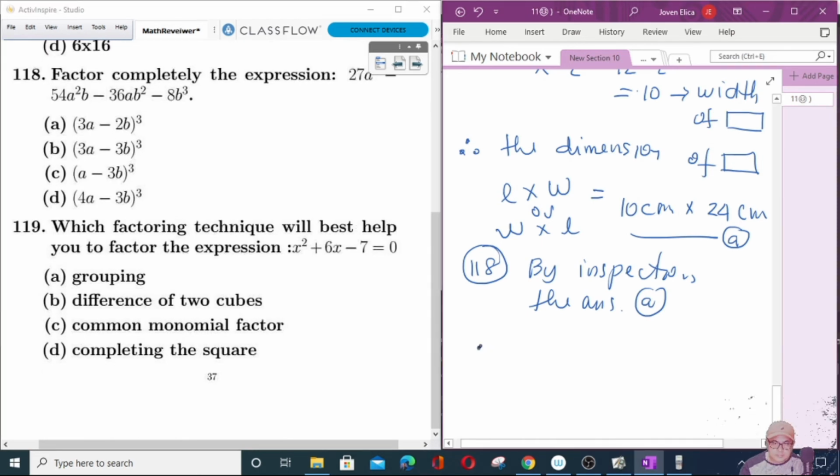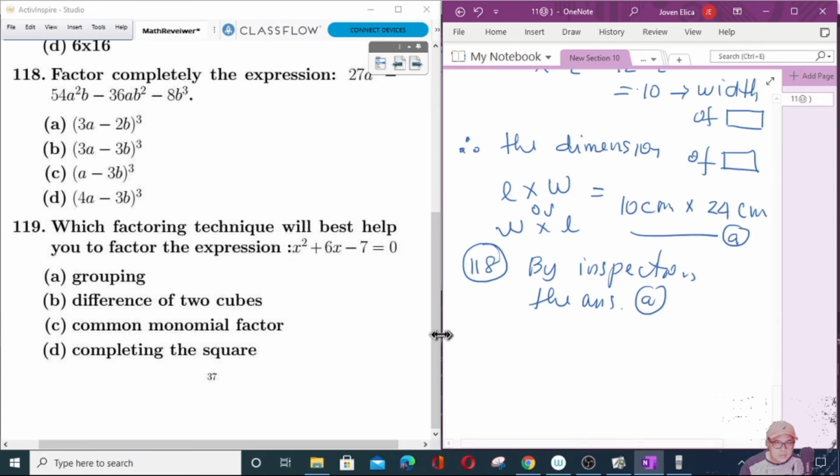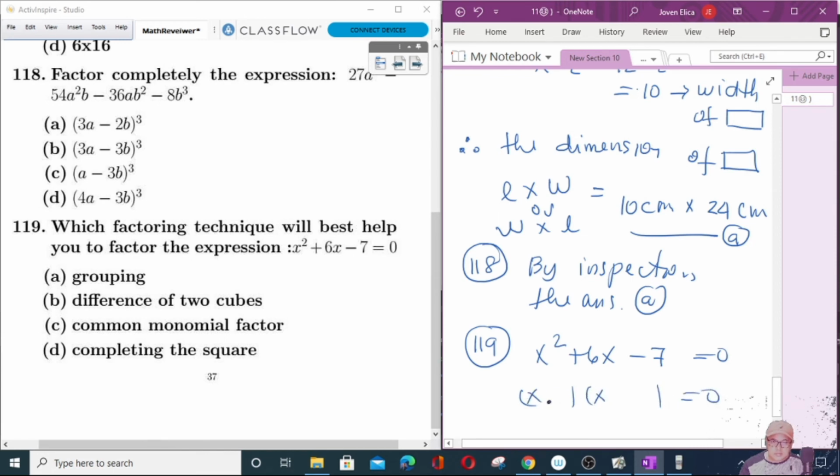119. Which of the following factors will best help you factor the expression? Definitely, if you're going to factor x squared plus 6x minus 7 equals 0, the factor here is x plus 7 times x minus 1.